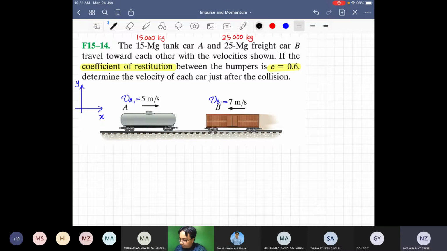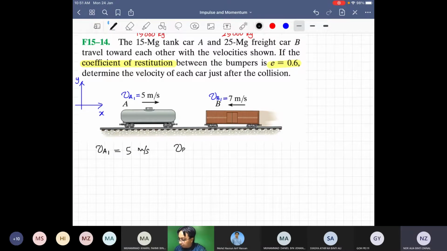VA1 is 5 meter per second positif, and VB1 you have to write it as negative 7 meter per second. Kenapa negatif? Kerana kita dah decide coordinate system kita positif ke kanan. So direction VB1 is to the left, jadi negatif.